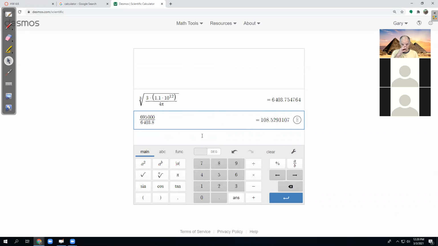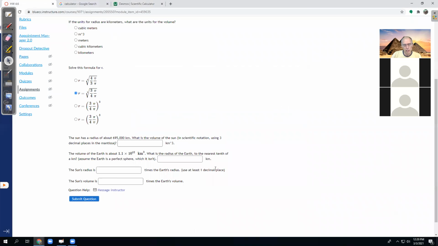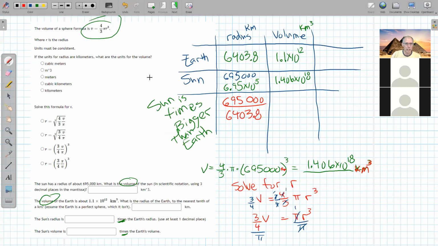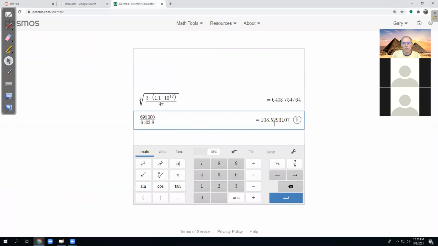Yeah, so it's about 108 times bigger. So now let's look and see how the computer wanted us to answer. Use at least one decimal place. Okay. So then I should be able to say that this is about, I'm just going to use one decimal place, 108.6, is that right? Or 5? 108.5.